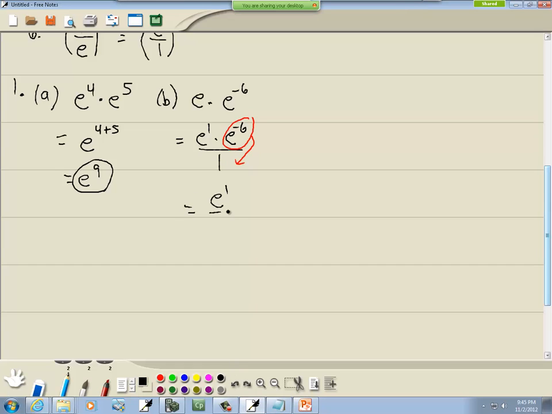And we get e to the first over e to the positive 6. So when you move something opposite of where it's at in a fraction, the sign of the exponent changes. Now, if you have e to a power over e to a power, you subtract the smaller exponent from the larger one. So 6 minus 1 gives us 5. And we're going to have e to the fifth where our larger exponent was, which was on the bottom. And then we put a placeholder of 1 up on top. So our answer is 1 over e to the fifth.